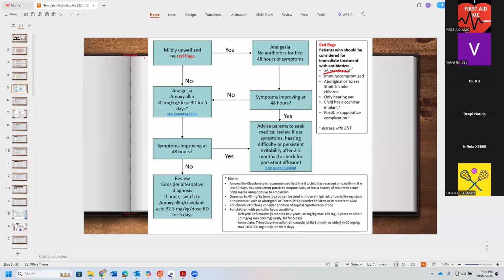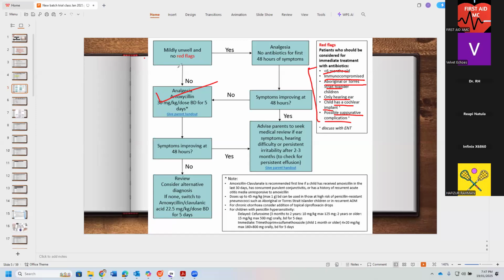What are the red flags? If they have mentioned that the child is less than 6 months of age, or immunocompromised, or belongs to Aboriginal and Torres Strait Islander, the indigenous communities of Australia, has only one ear, has an implant in the ear, or has purulent discharge from the ear, then all of these, present together or individually, require immediate treatment with antibiotic, which is amoxicillin, 30 milligram per kg per dose, twice daily for 5 days.